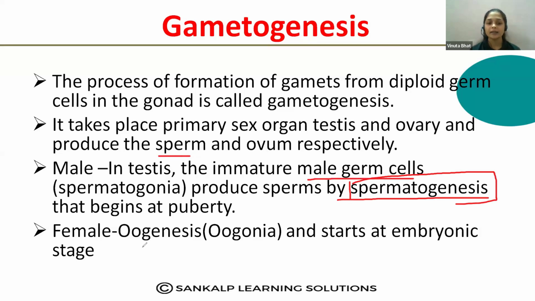And one more is oogenesis: in females, the process of production of the ovum is called oogenesis. In today's class, we are going to study spermatogenesis and oogenesis in detail. Let us start with spermatogenesis.